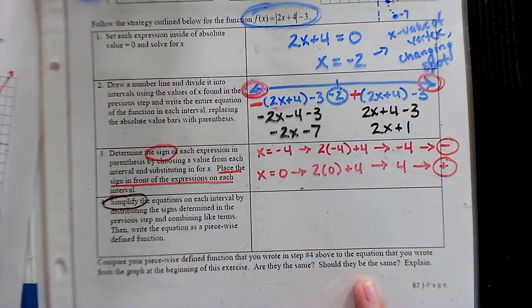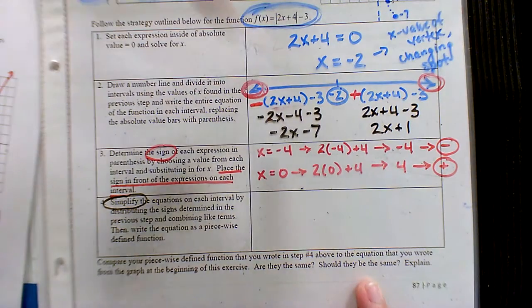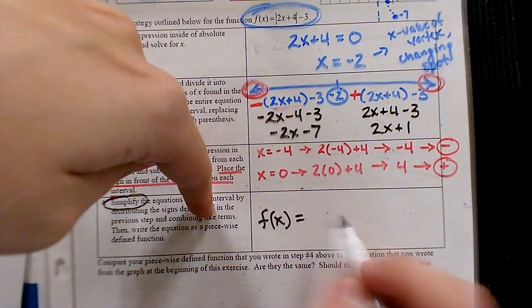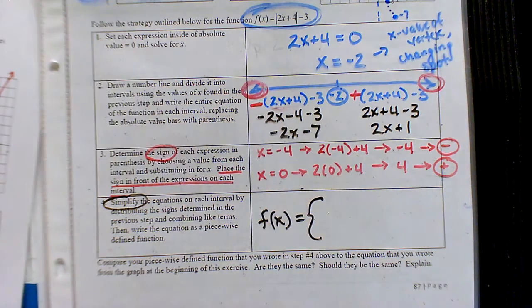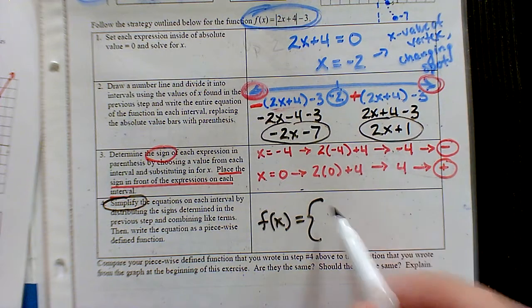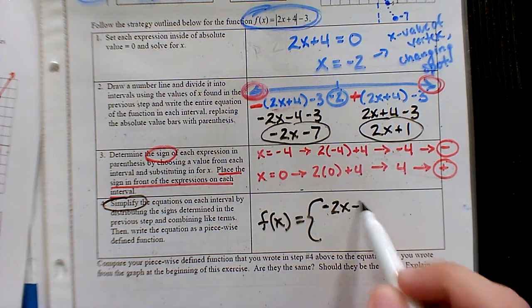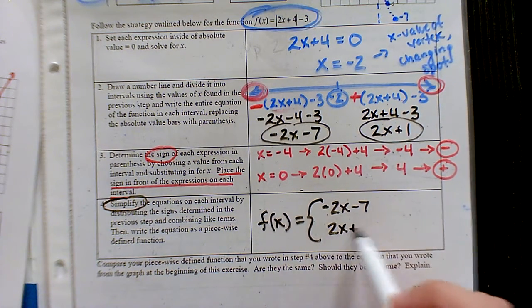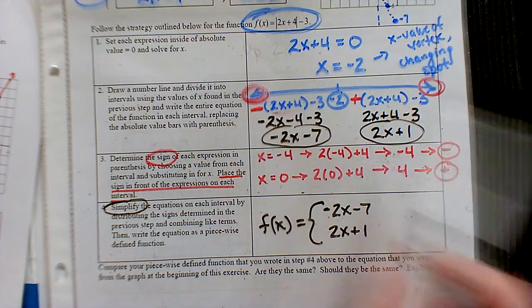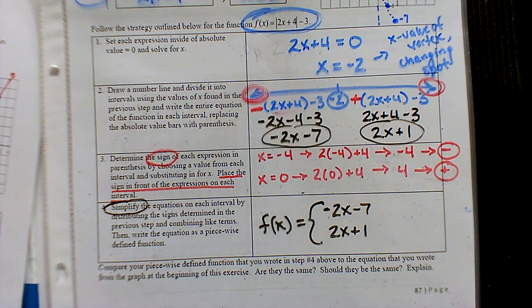What we have to do is take this sign chart that we developed and transform it into a piecewise function. Notice how your resulting expressions are the equations, but then the number line is acting as your domain pieces, as your constraints.